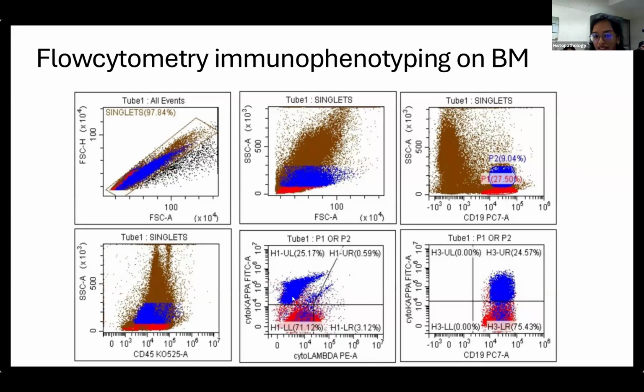But the plasma cells are kappa restricted. So the two populations are showing different restriction. Any other queries?